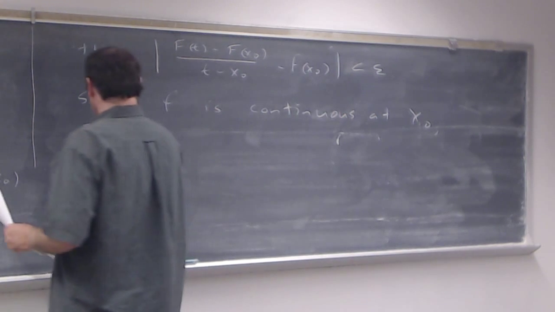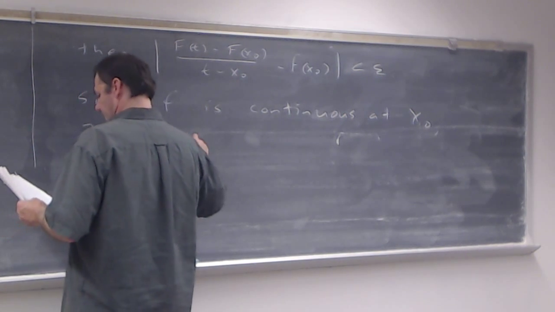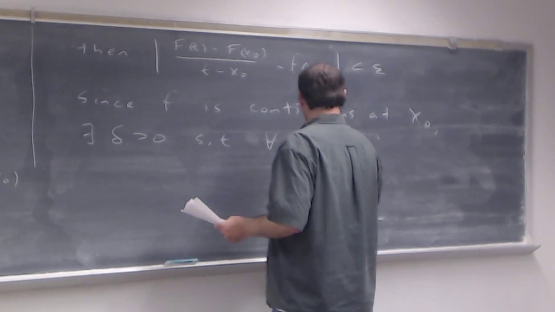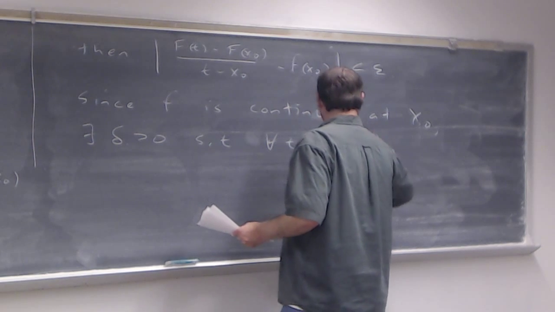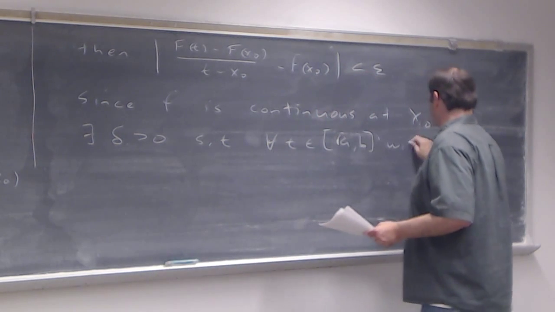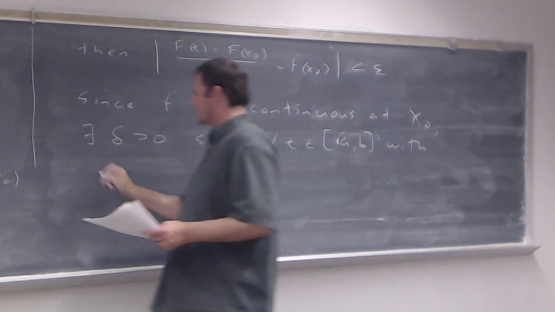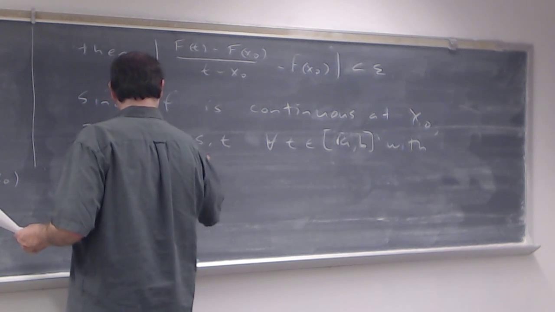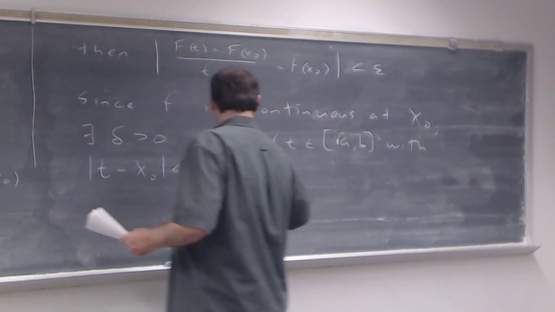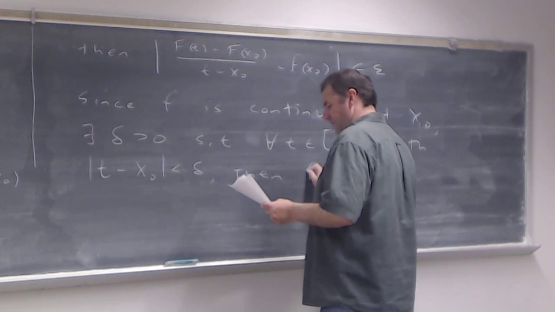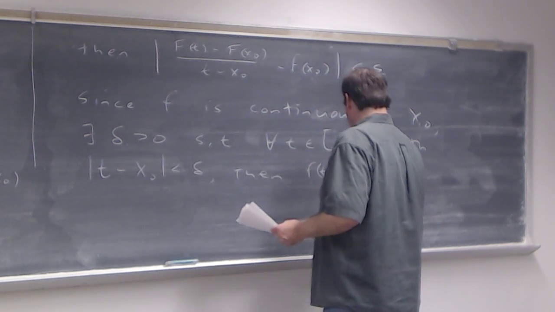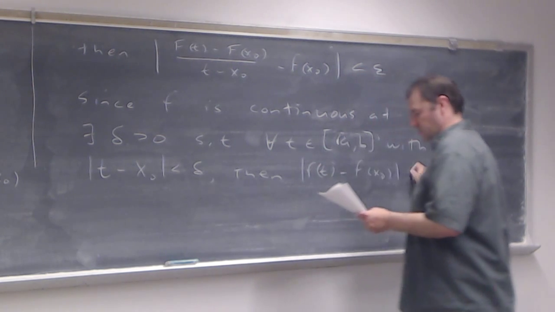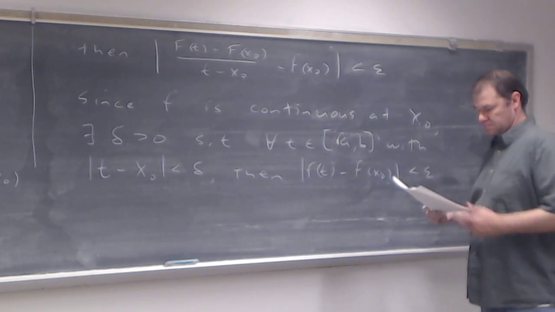There does exist a delta bigger than 0, such that for all t element of a to b with absolute value t minus x naught being less than delta, then little f of t minus little f of x naught, inside absolute values, will be less than epsilon.